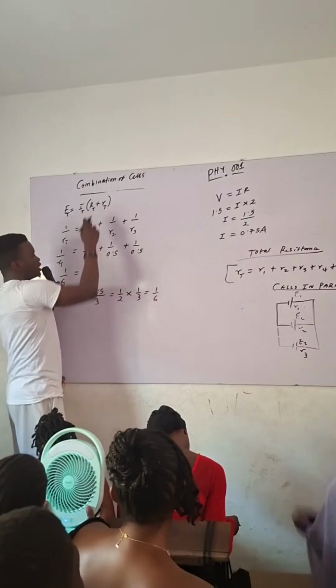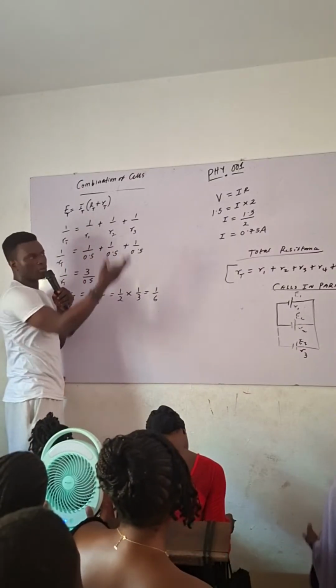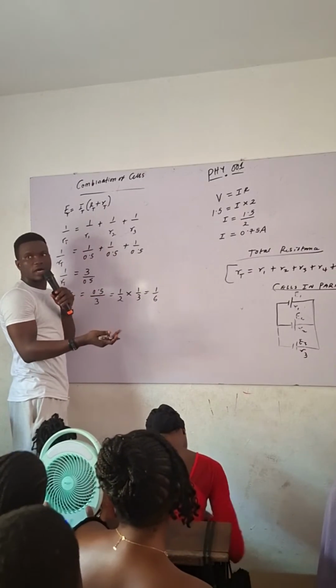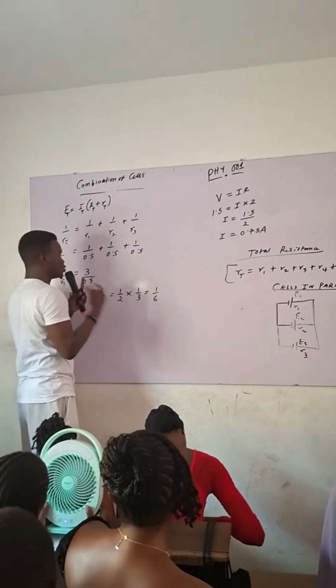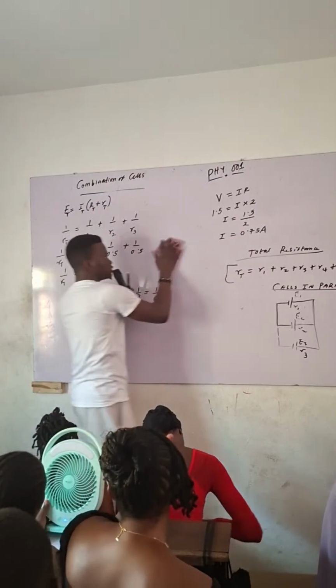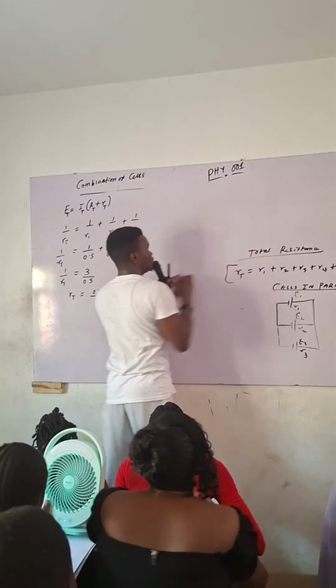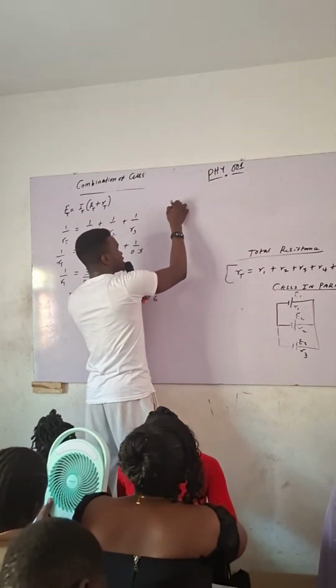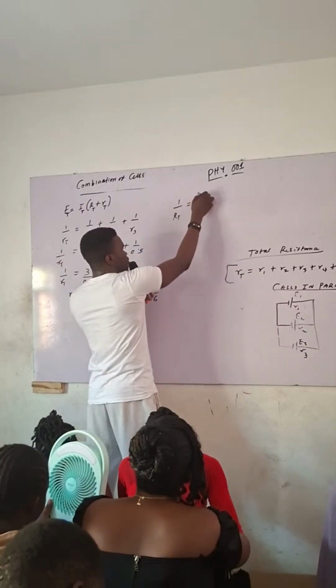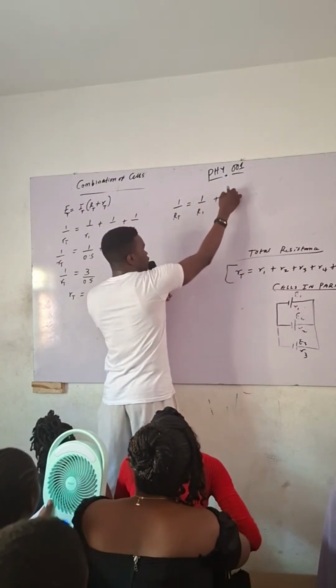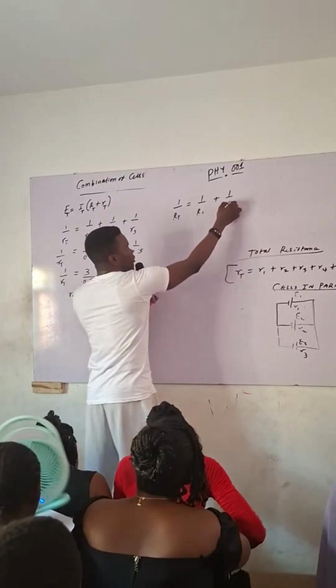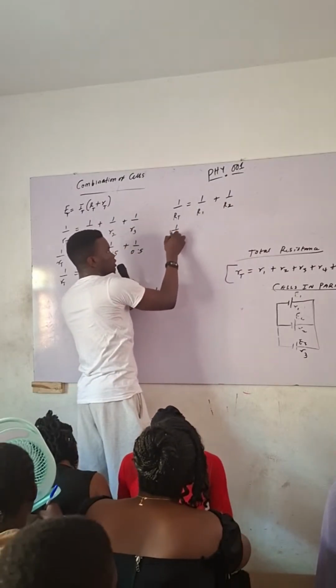So now, let's get the capital R total. They are both also in parallel, Abi. So, in order to do for those ones, what do we do? Then I can say 1 over R total is going to be 1 over R1 plus 1 over R2. And what's 1 over R1?